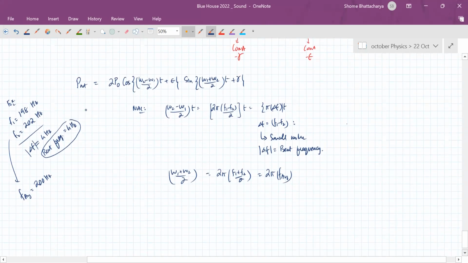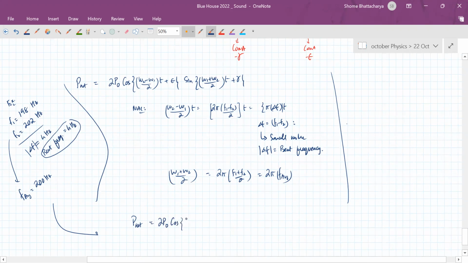So in this example, the term will become 2p naught cos 4 pi t into sine 2 pi into 200.